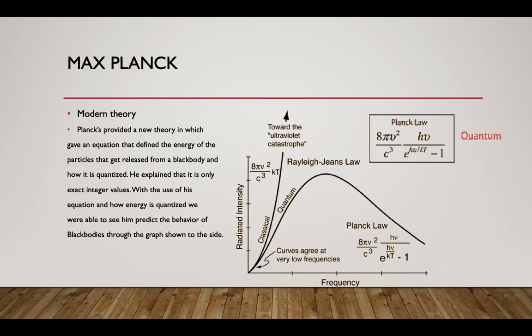And as we look at this graph to our right on the slide, it shows that as the frequency increases and intensity increases, it will increase in energy to a certain degree. But once it reaches a certain point of intensity and frequency, it would actually decrease in its intensity as it increases in frequency.